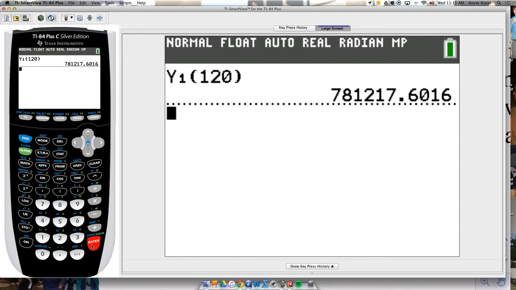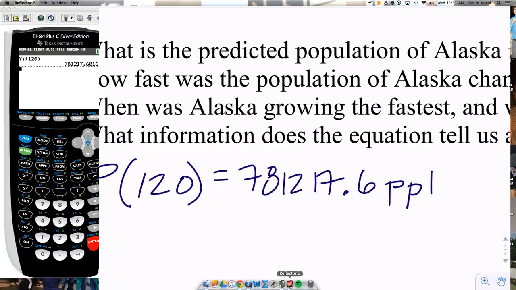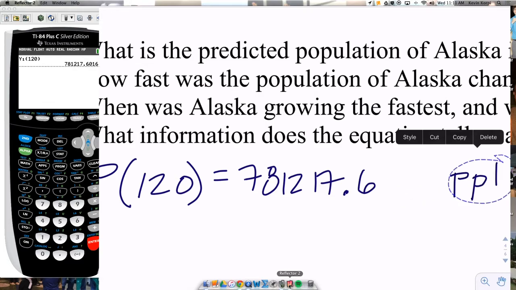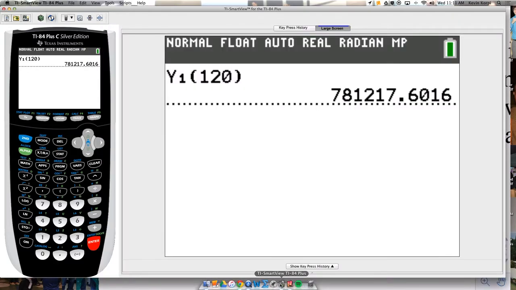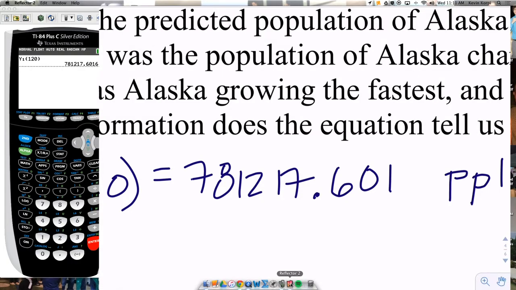It's more accuracy. So if we had done it strictly from the graphing screen, it only showed 0.6. Guess what would happen if it didn't say to round to the nearest whole person? We would get it wrong. So we're going to typically do all of our calculations from the home screen. So 01 or 02 would work, and then Alaskans or people.